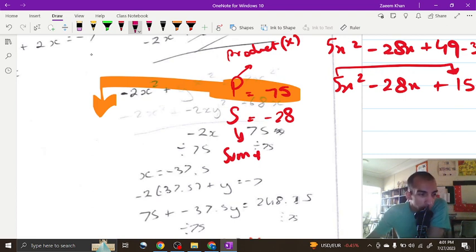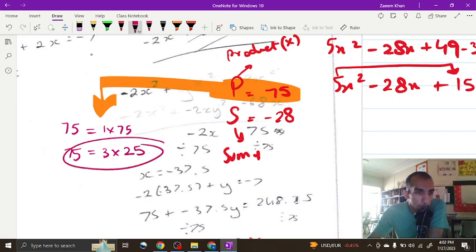We usually make the factors of 75. We usually make the factors of the product. So 75 is equal to 1 times 75. Next time around, instead of 1, you're going to write 2. Does 2 fit into 75? No. We're going to jump that. Does 3 fit into 75?